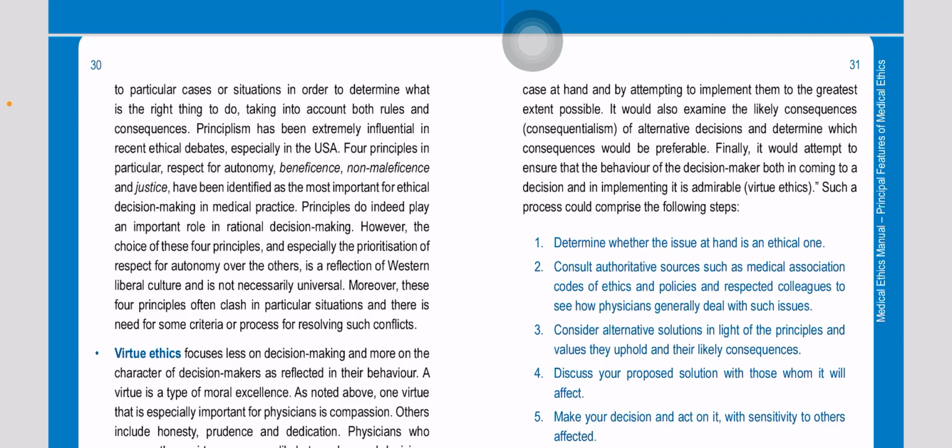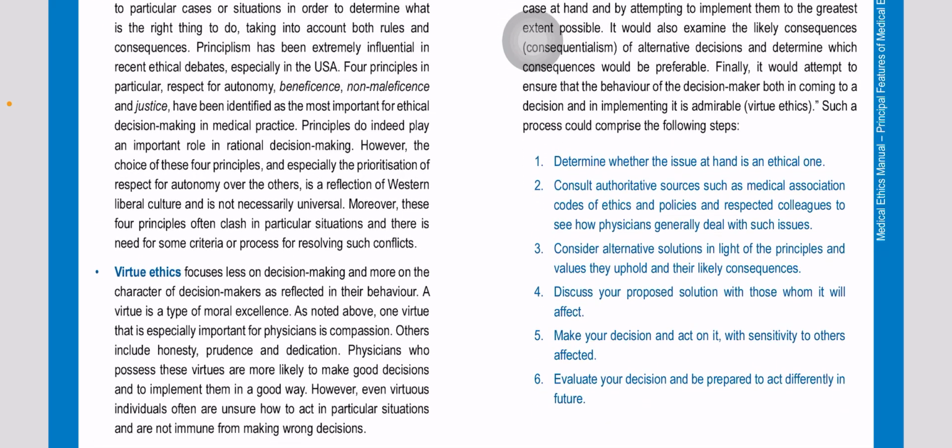admirable virtue ethics, such a process could comprise the following steps. So in virtue ethics class, the following steps are utilized. Okay, first, determine whether the issue at hand is an ethical one.